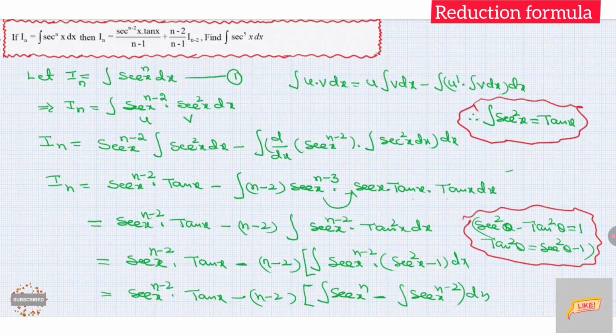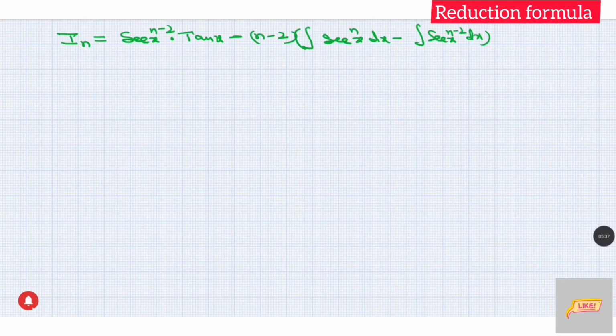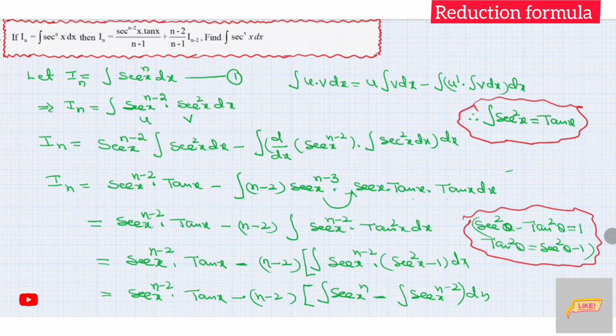Okay, next step here: I_n is equal to secant x power n minus 2 into tan x minus n minus 2 into integration secant x power n dx minus integration secant x power n minus 2 dx.